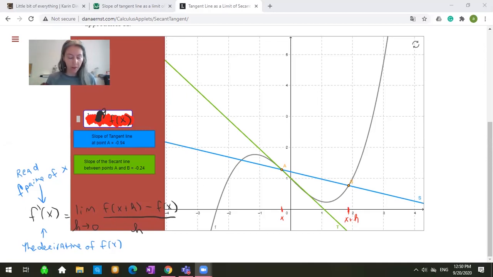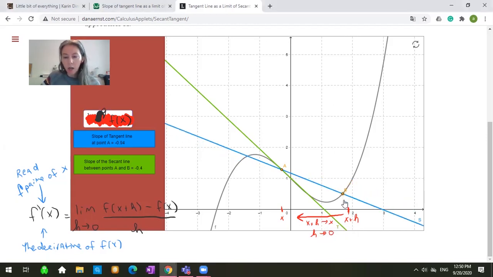So our derivative of f is equal to the limit as h approaches 0 of f of x plus h minus f of x over h. What that's telling me, here I've defined my a, instead of being a, to just be x. And we have some value on the right that's x plus h. And we're saying as I let x plus h go to x, that's the same thing as letting h approach 0. As I do that, notice I'm letting that second value get closer and closer.